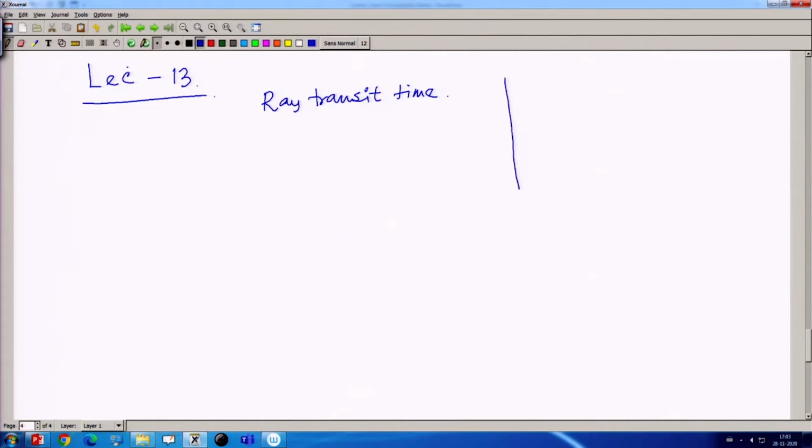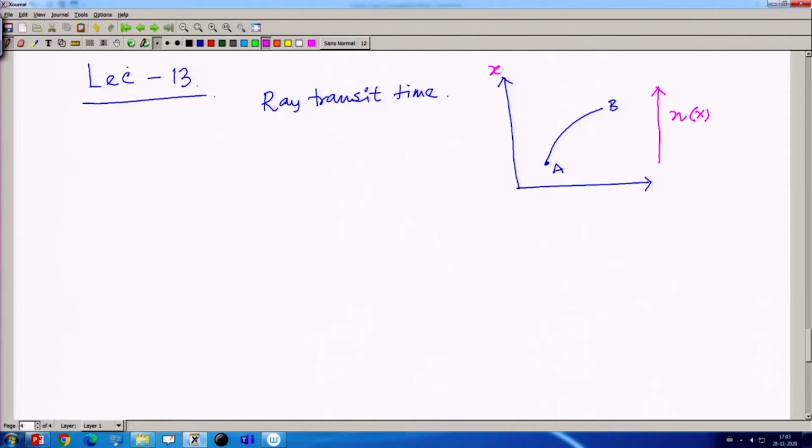The concept was something like this: if I launch a ray, it goes from some point A to B, with the condition that I have a varying refractive index in this direction.